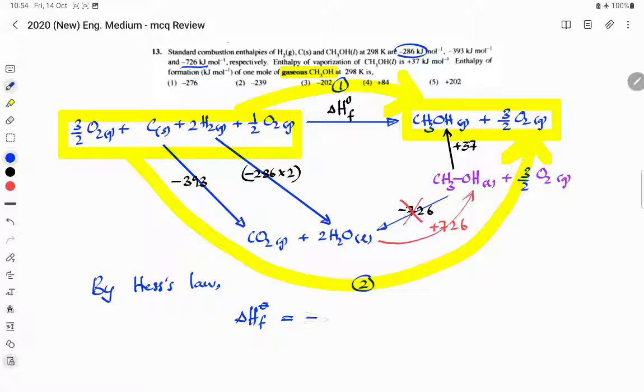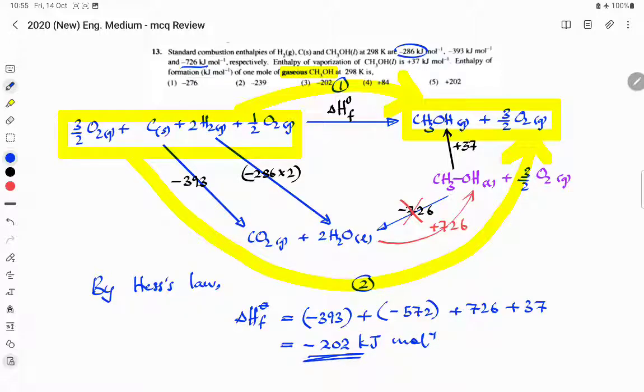So negative 393 plus I'll just multiply this, negative 572 here, and plus 726 plus 37. So if you calculate this value, we will get negative 202 kilojoules per mole.